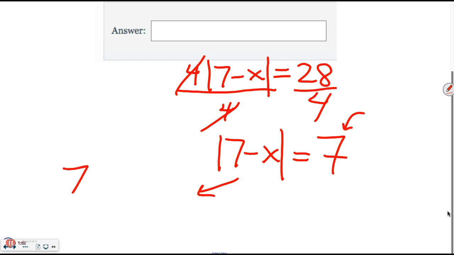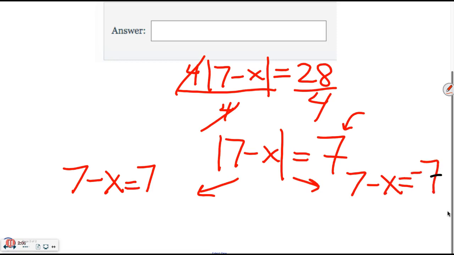You need to say that the 7 minus x is equal to positive 7, and you need to say that the 7 minus x is equal to a negative 7. You need to take both of them. So if this was an 8, Quinn, take a peek. If that had been an 8, you'd set it equal to 8 and negative 8. If this had been a 42, 42 and negative 42. And then you solve them separately.